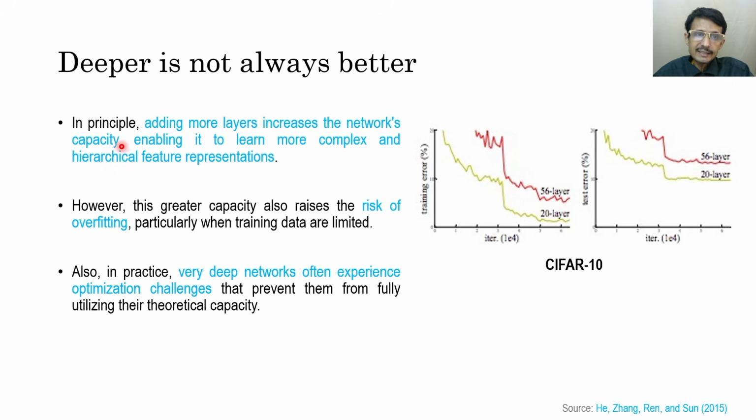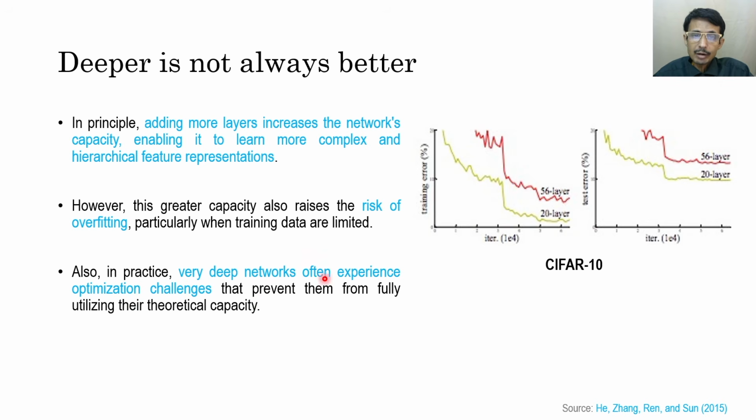So we can say in principle, adding more layers increases the network capacity, as deeper layers do, enabling it to learn more complex and hierarchical feature representations. However, this greater capacity sometimes raises not only the risk of overfitting but also some optimization challenges.